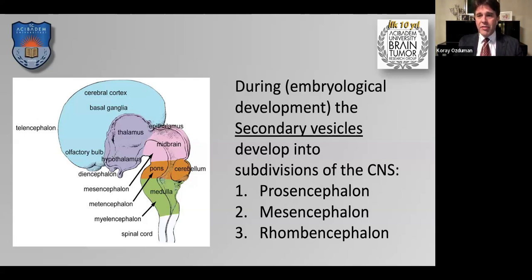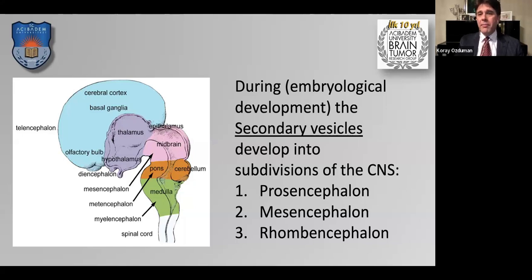And as you know, the diencephalon will turn into the thalamus, hypothalamus, the pituitary, the posterior pituitary gland, the optic nerves, and will develop into these portions of the brain. The mesencephalon will develop into the midbrain, as we know. The rhombencephalon will develop into the pons and the medulla, as we know it.